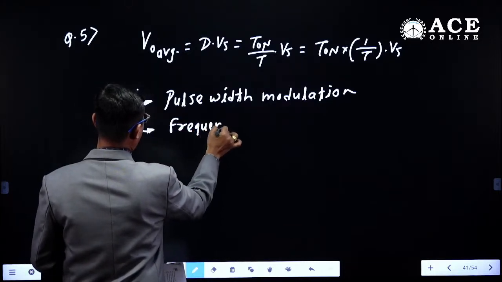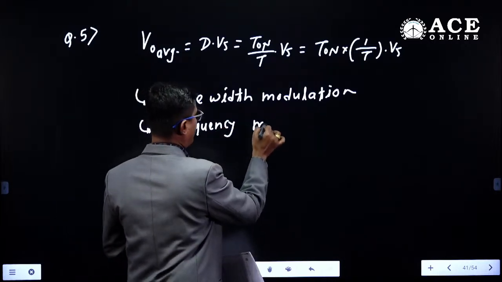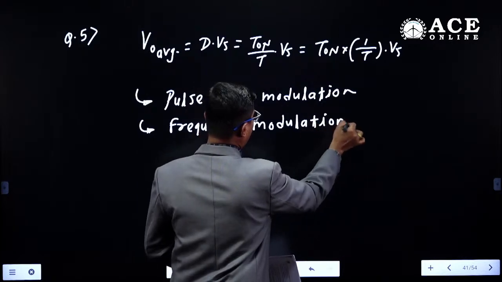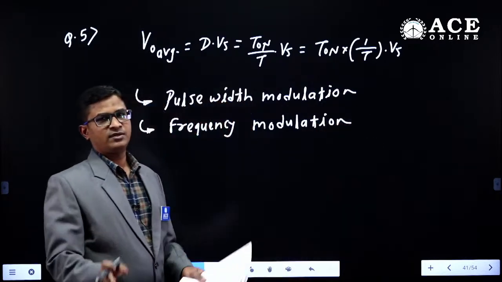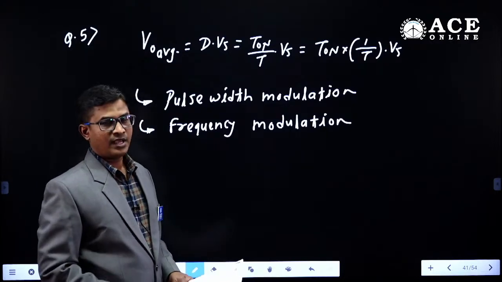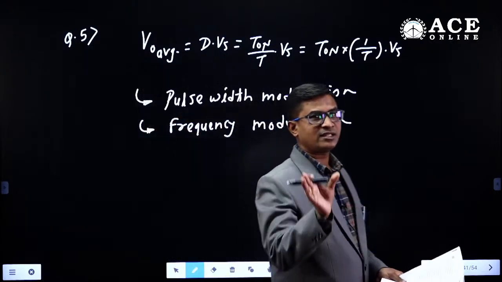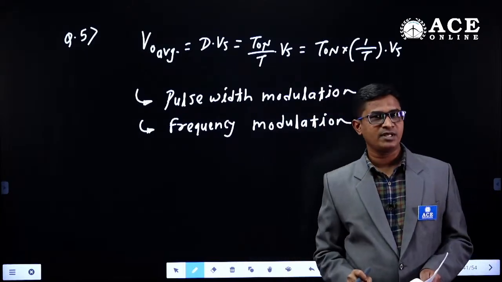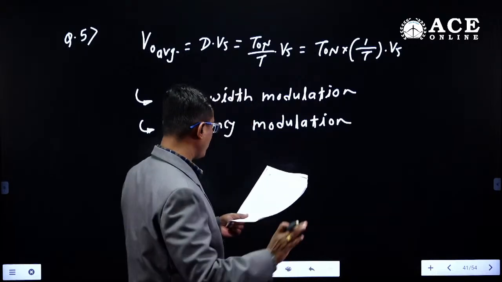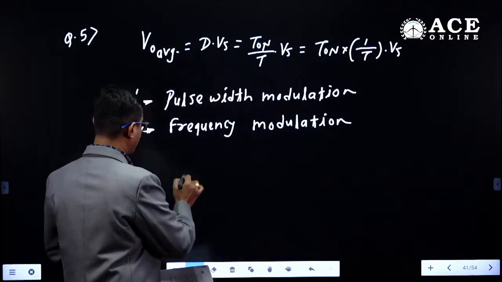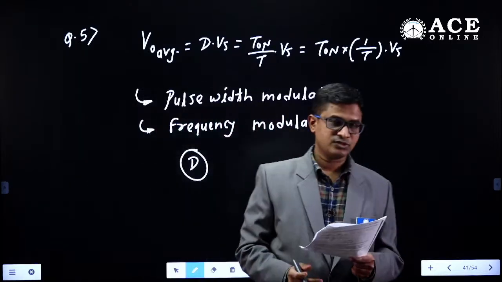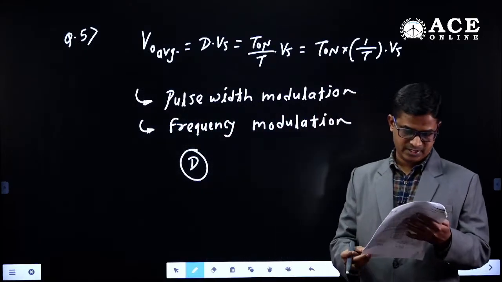We discussed this point in a class. Alright. Frequency modulation means varying the total time T by keeping the on time constant, and pulse width modulation means varying the on time by keeping the total time constant. Okay. So if you check the options, both pulse width modulation and frequency modulation, that is option D is the correct option, right. So this is about the question number 5.